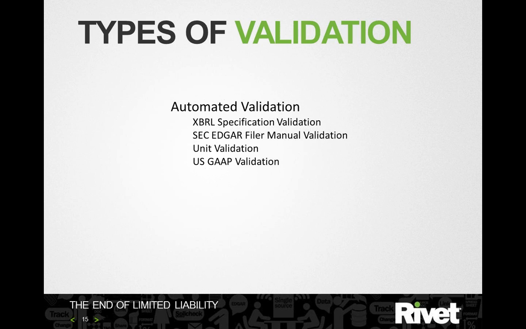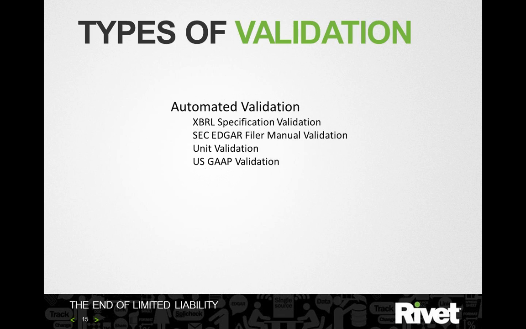Great, thanks, Campbell. And so now in this next section, we'll talk a little bit about a couple types of automatic validation. And I think what we really want to focus on here is that there's a couple different categories that validation tools can address. And it's probably important to just understand some of the fundamental distinctions between these categories. I won't go into a lot of detail about all of the validation rules and requirements that are associated with each category because that would take a lot of time.